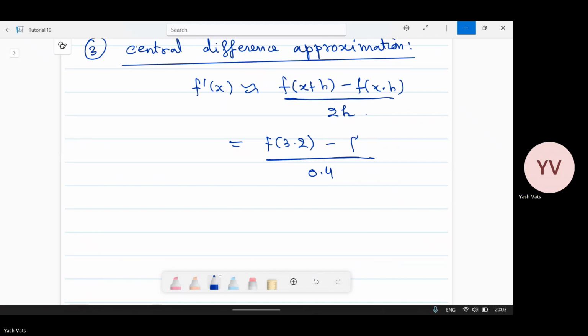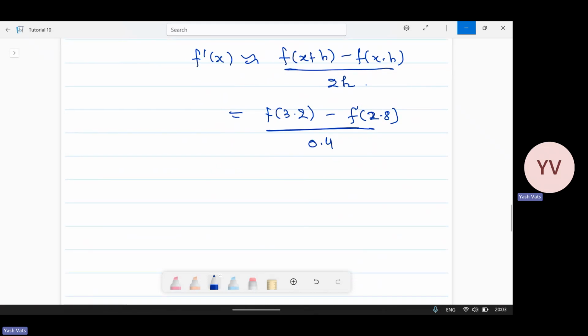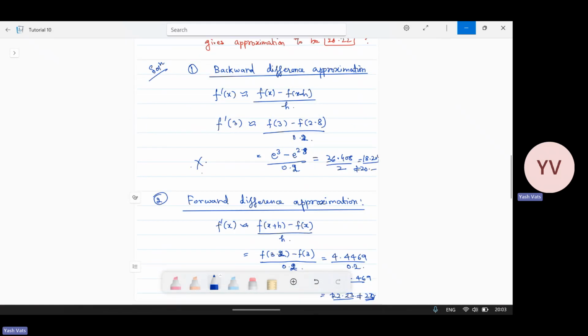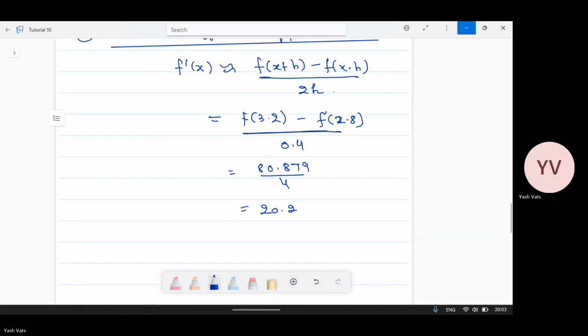Let's see. We divided by 4. So I just write clearly 2.8. So what is f 3.2? It's 80.879 divided by 4, and it is 20 point something, like this, 20.22.